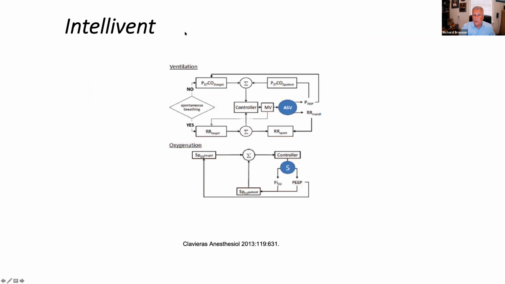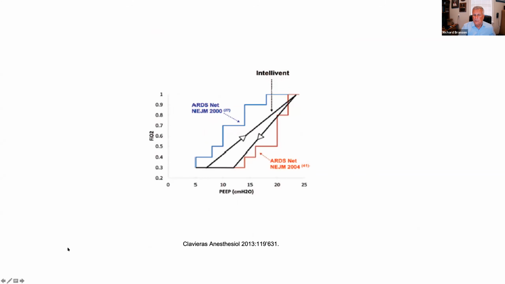IntelliVent is one step beyond ASV, which is at the top here, where they use either the ARDSNet low PEEP or the ARDSNet ARMA PEEP FiO2 table. This is from a paper in Anesthesiology from about 10 years ago. I think this is a smart idea because we had a similar idea that we did an initial trial with in an IRB at the university.